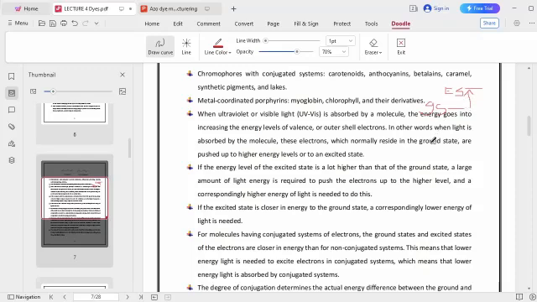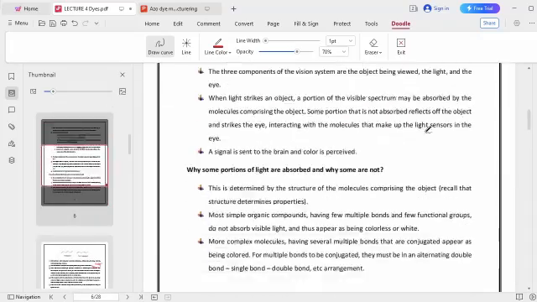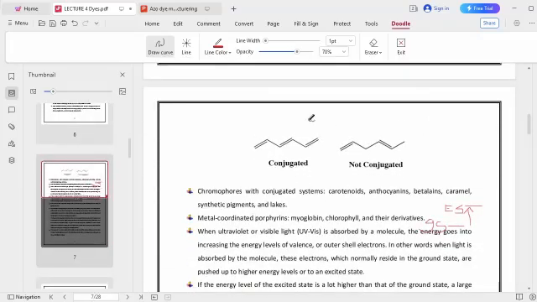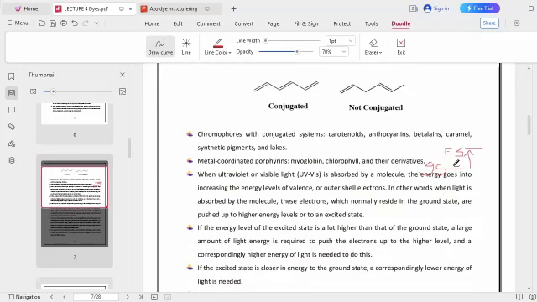So molecules that are rich in these conjugated systems, the ones I talked about earlier, those with the conjugation, okay, they need less energy to excite their electrons because the valency is very short.